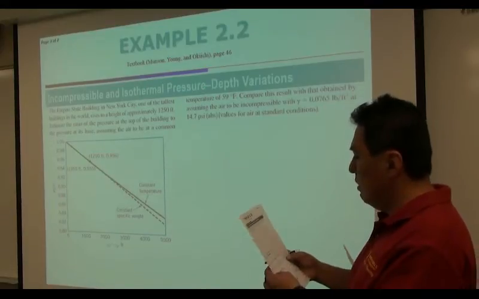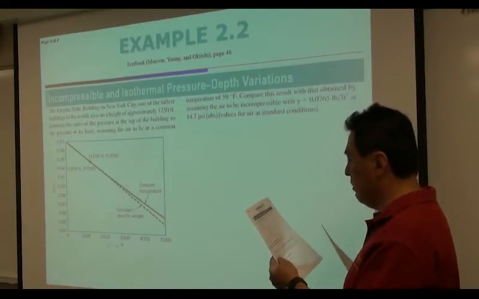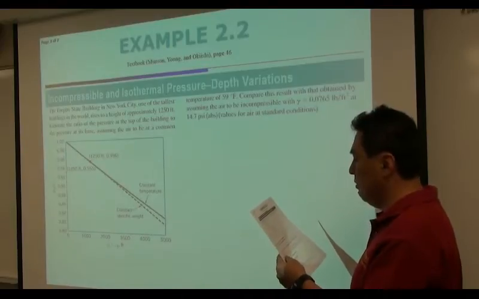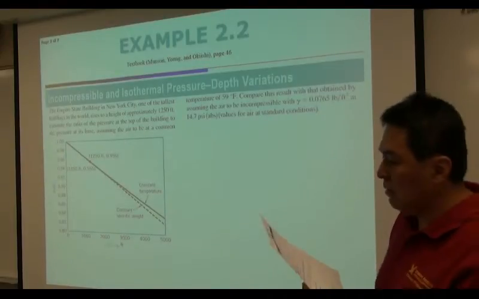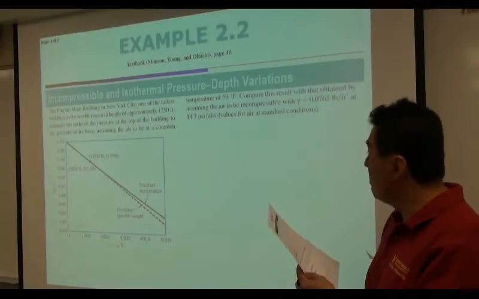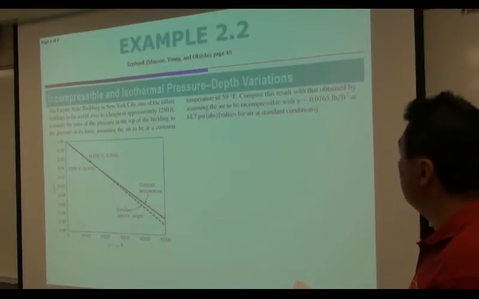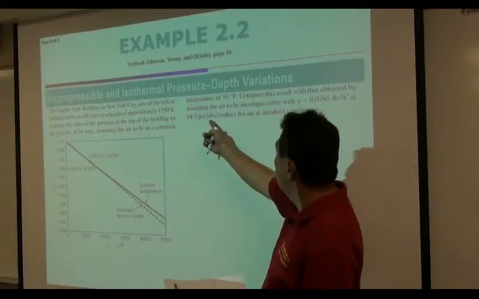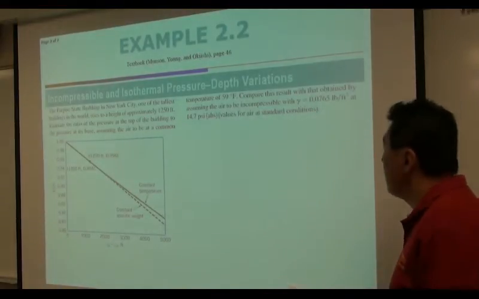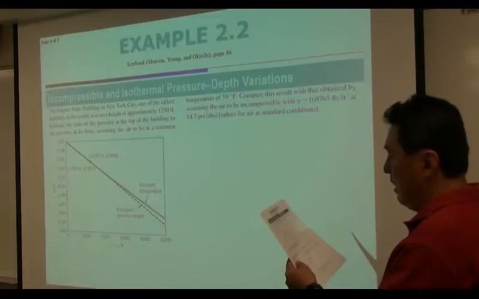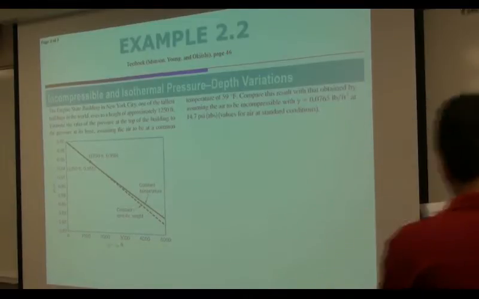Let's compare this result with that obtained by assuming the air to be incompressible with a constant specific weight gamma, 0.0765 pounds per cubic foot at 14.7 psi, absolute value, for air. Okay, let's take a look.